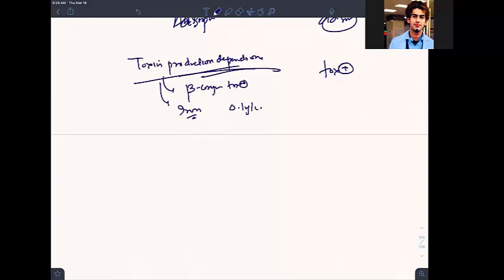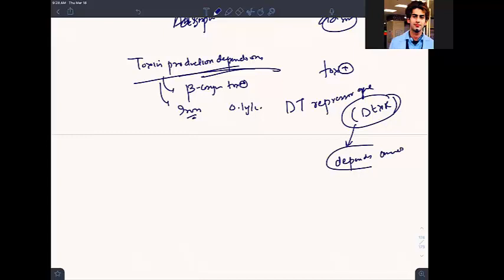Now, there is a DT repressor gene, called DTXR. This DTXR depends on iron, and it is the regulator of DT production.